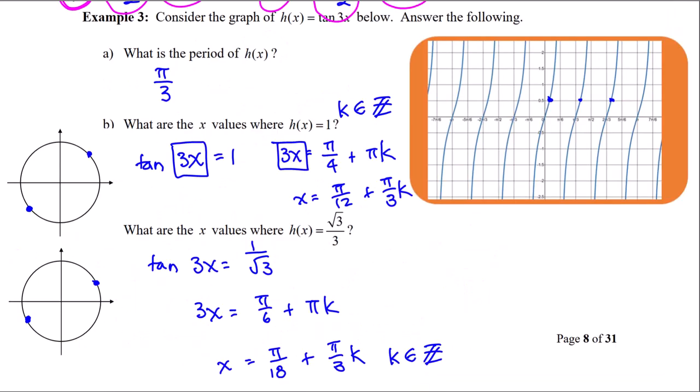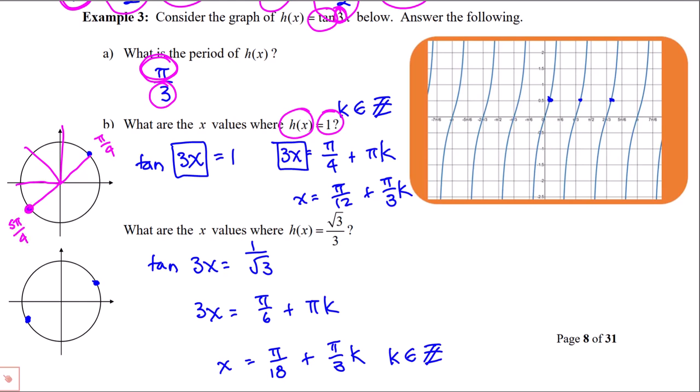So just as a quick reminder, we talk about tangent. The period of tangent is not 2 pi over b, but pi over, and the b value is 3. So when is tangent 1? Well, tangent is 1 when x and y are the same. That's a 45-degree angle, or pi over 4. 2 pi over 4, 3 pi over 4, 4 pi over 4, and then 5 pi over 4.